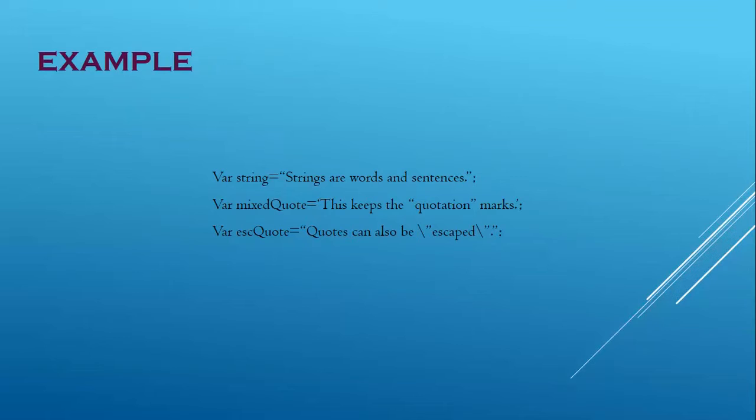Here, in this example, a string variable is declared with double quotation marks. We can also create our variable with mixed quotes, like in the second variable. We have started our string with single quotes and the word quotation is in double quotes.